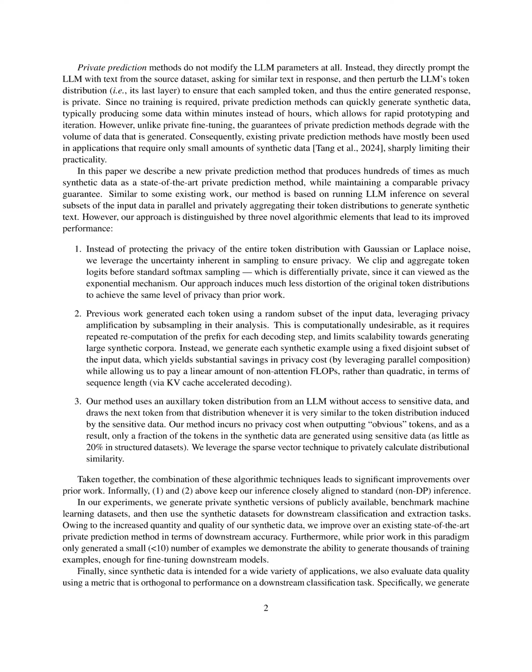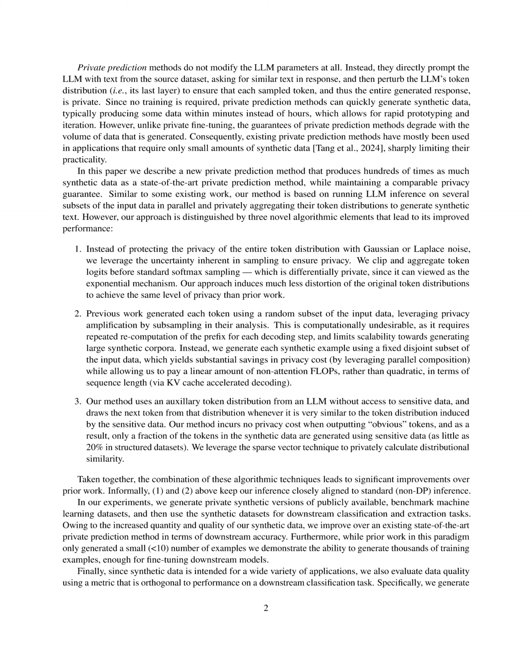It addresses the limitations of existing approaches, such as the prohibitive training procedures of private fine-tuning methods and the degradation of privacy guarantees with the volume of data generated in private prediction methods. The algorithm introduces novel algorithmic elements to enhance performance, including leveraging the uncertainty inherent in sampling for privacy protection, clipping and aggregating token logits before sampling, and using an auxiliary token distribution from an LLM to reduce privacy costs.